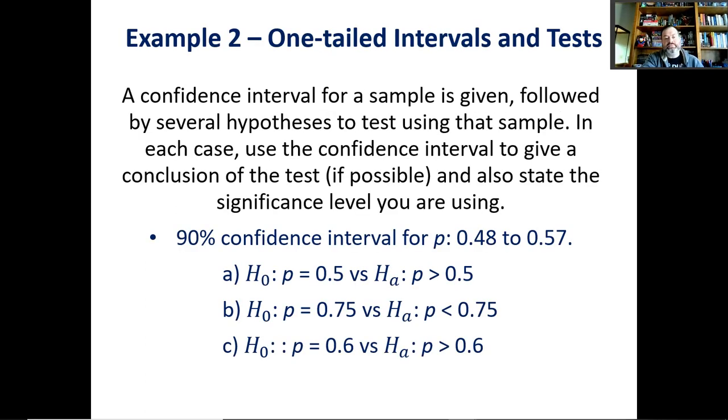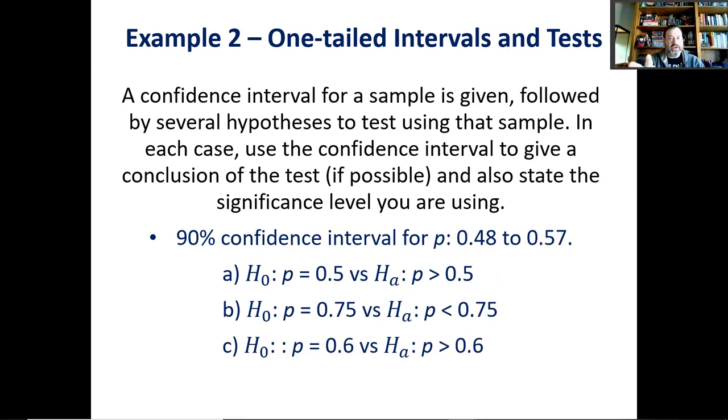And then part C, p equals 0.6. 0.6 is not in the interval, but we have to check: does every number in this interval support this alternative hypothesis? No. The alternative hypothesis here is greater than. All of these numbers are less than. So even though 0.6 is not in the interval, this is a do not reject.